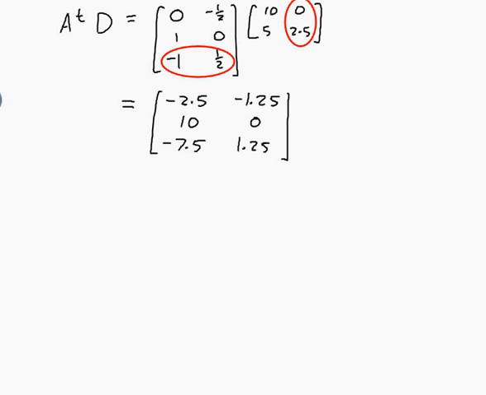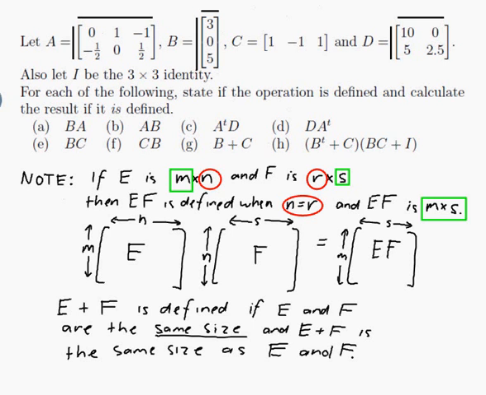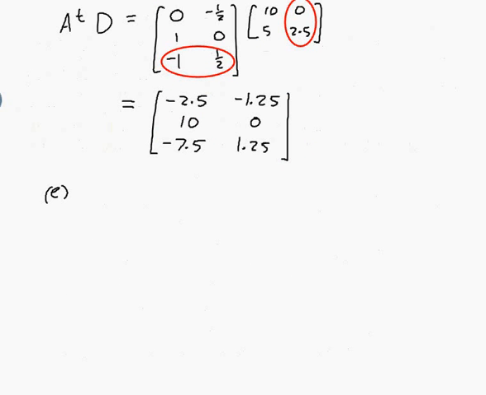So, next on the list is E. E, I have to do, let me just check. E, I have to do B times C. So, B was a column vector, 3 by 1. C was a row vector, 1 by 3.